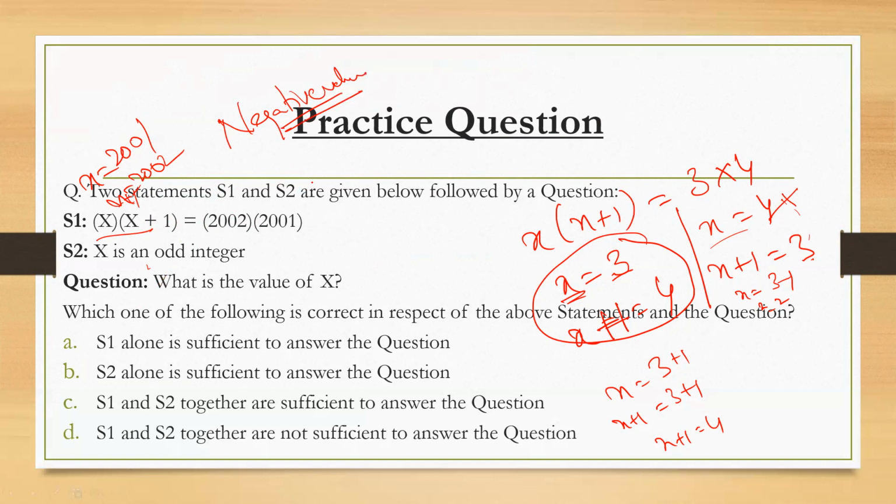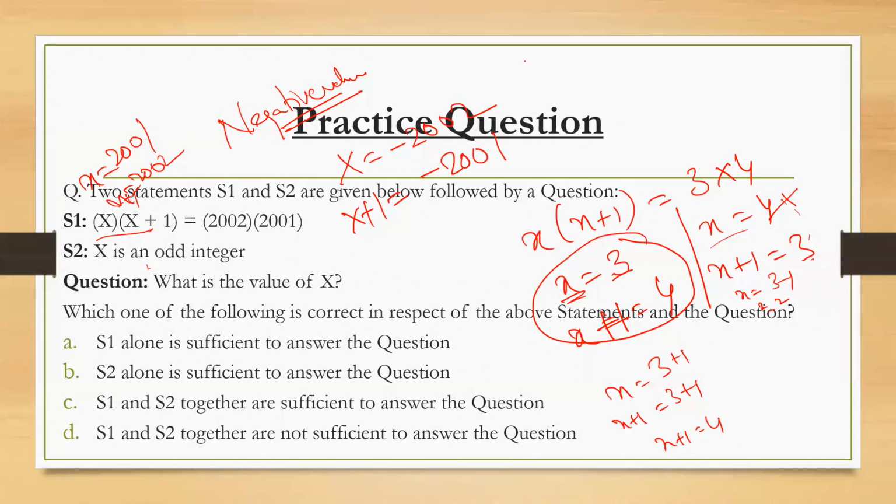Can I say, if I take the value of x is equal to minus 2002, then x plus 1 will be minus 2001, that is, the next integer.